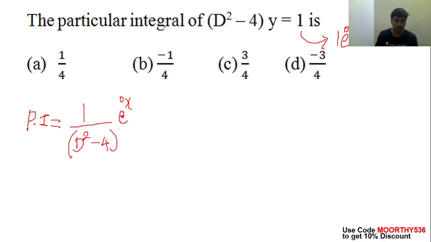This is the procedure. So substitute 0 instead of the letter D. So 1 divided by (0 minus 4) into e power 0x. So the answer is minus 1 divided by 4.